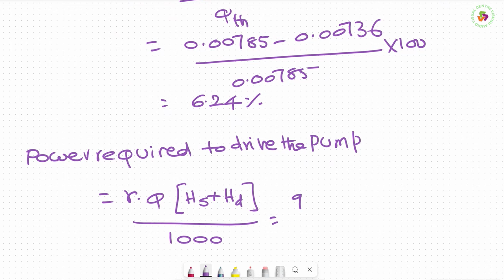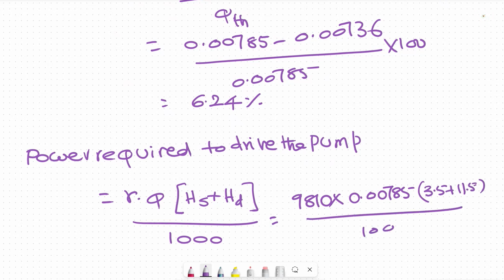So gamma is equal to 9810, into Q, which you already got, 0.00785, into HS 3.5 plus HD 11.5, by 1000.